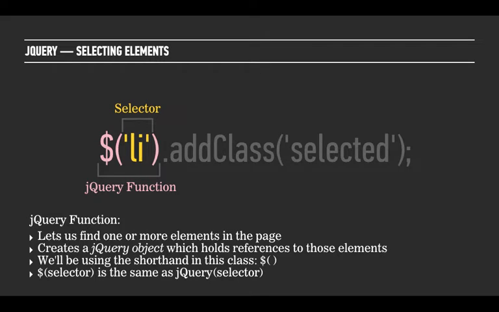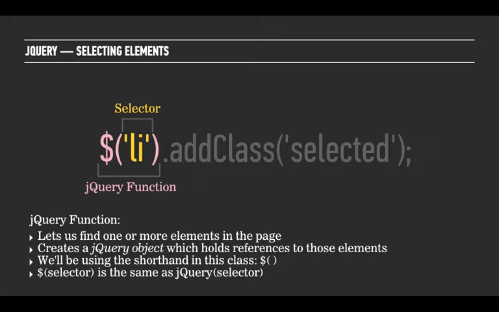Okay. So with jQuery, like I mentioned before, you need to tell it what you want to work with. So if you want to work with your LIs, then you're going to select it in this manner. So in jQuery syntax, it's $ sign, parentheses, and then in quotes, whatever you're trying to work with. So in this case, it's an LI. It could be a class name.